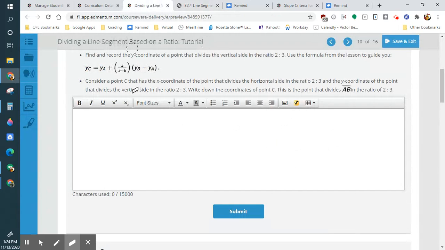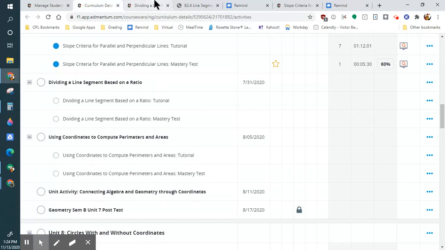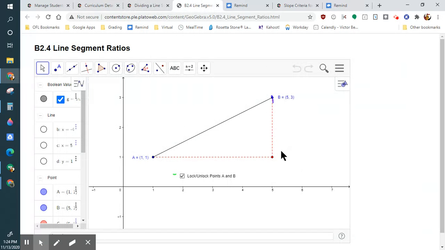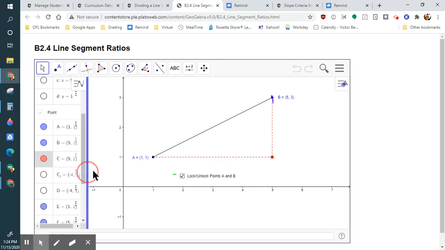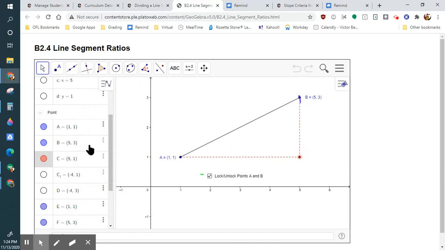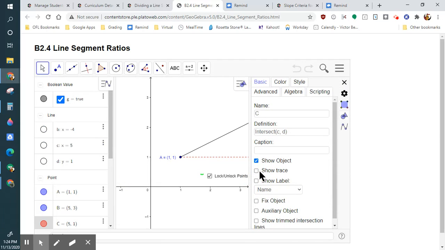So the first thing we have to do is figure out this x value, this point right here. So I'm going to click this point, and I see here that it is 5,1. And that makes sense because we're going to leave this here. Our y value is the same, so that's 5,1. I don't know why it's not labeled. I'm going to label it right now so we can see it. They probably didn't want us to see it, but I want to see it.